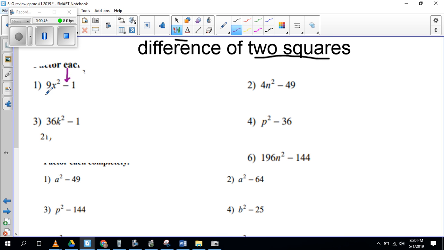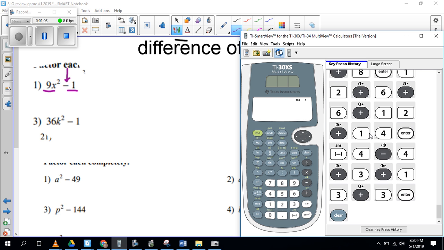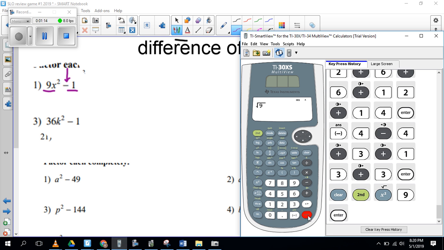Are both of the numbers perfect squares? Yes. If I pull up a perfect square chart, you can see they're on there. But if you didn't know, we would take our handy dandy calculator and do second, square root, 9, and it gives me 3.